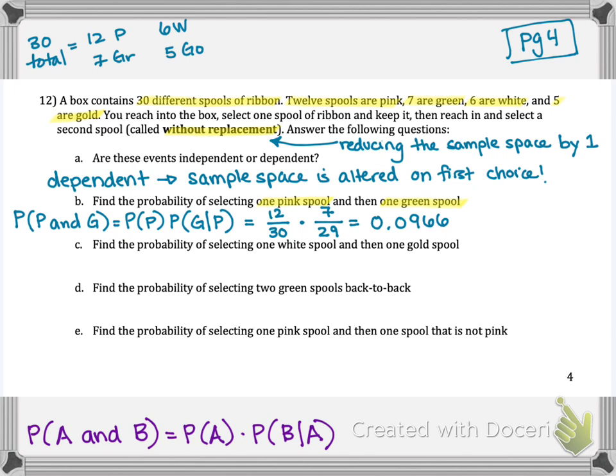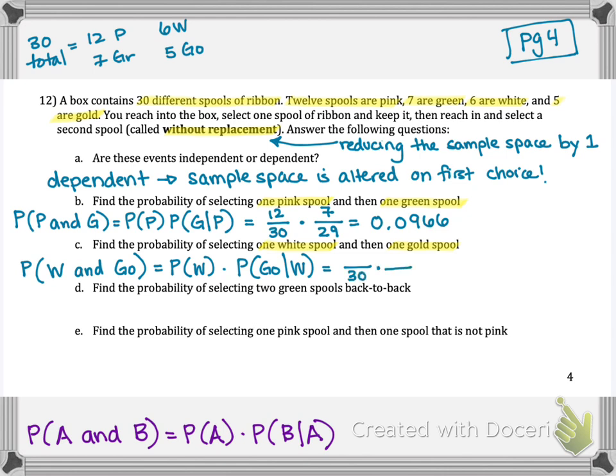Let's try C. Now we're asking 1 white spool and then 1 gold. But remember, this is without replacement. So we want to have white and then gold. For us, that would be the probability it's white times the probability it's gold given it was white. So remember, denominators first.